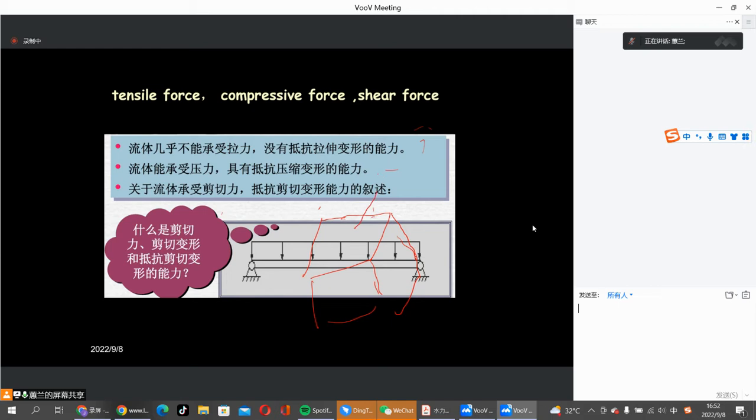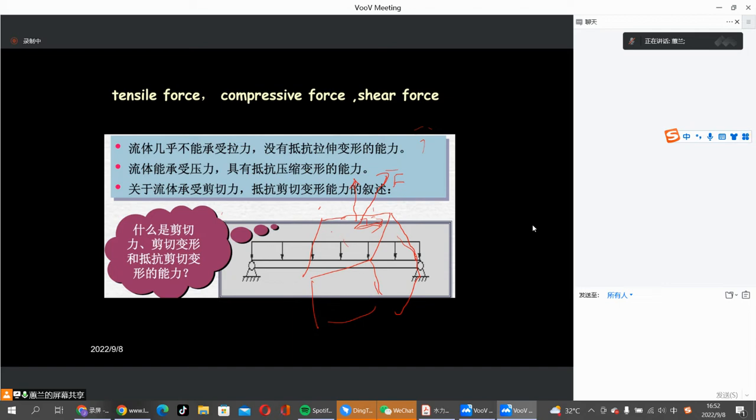So we have this force, right? And then we have its normal component and its tangential component. The tangential component is on the plane, and this one is called shear force. This one is called tensile force, which is pulling out, or it's a compressive force if it compresses the cubic element.